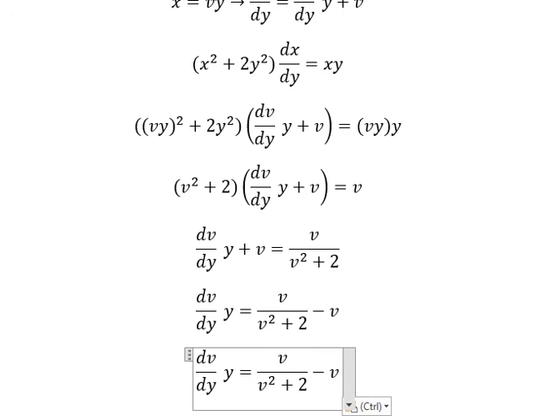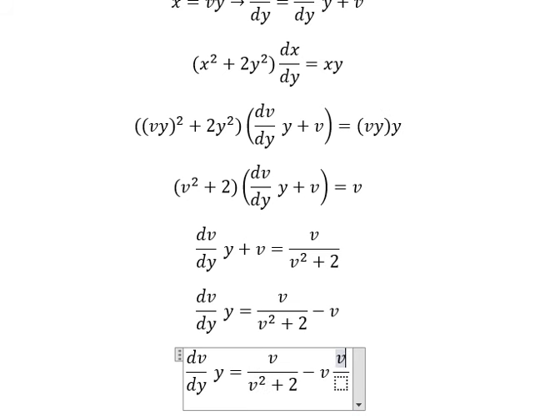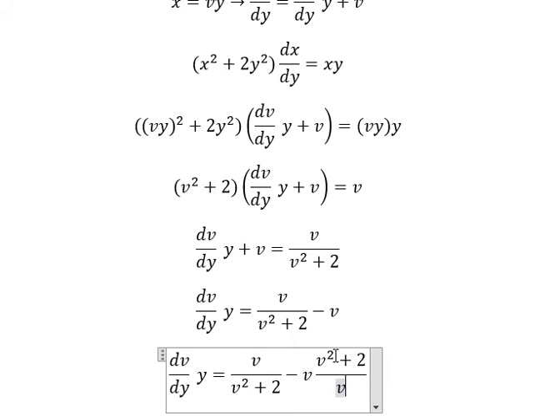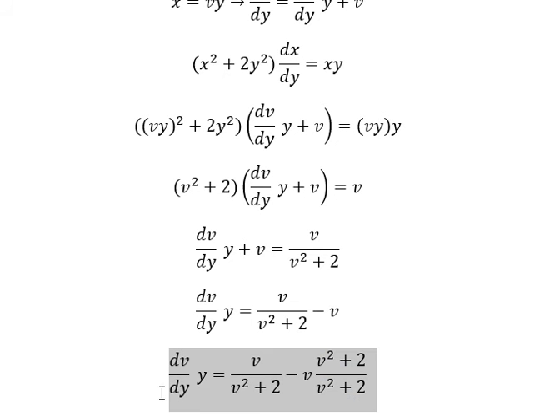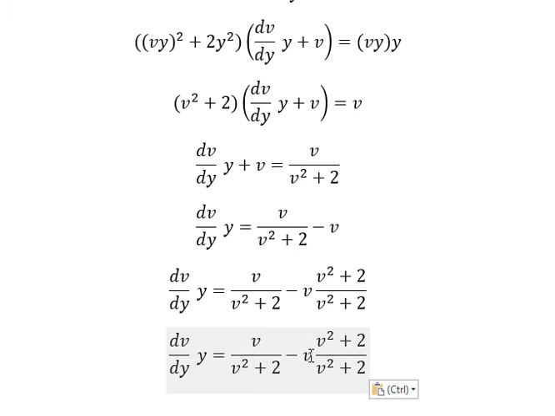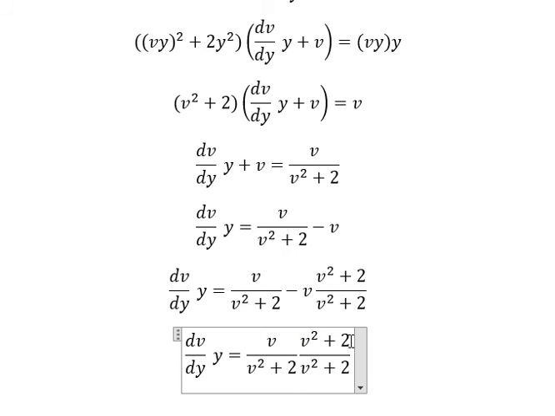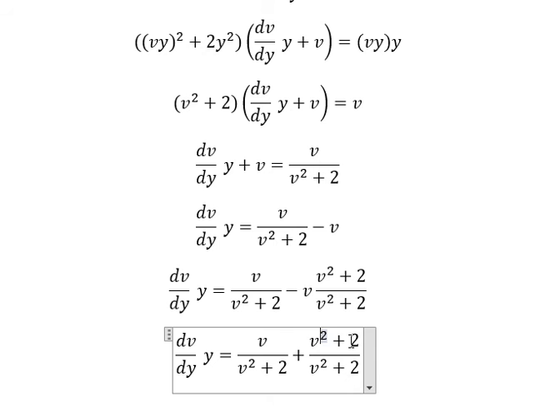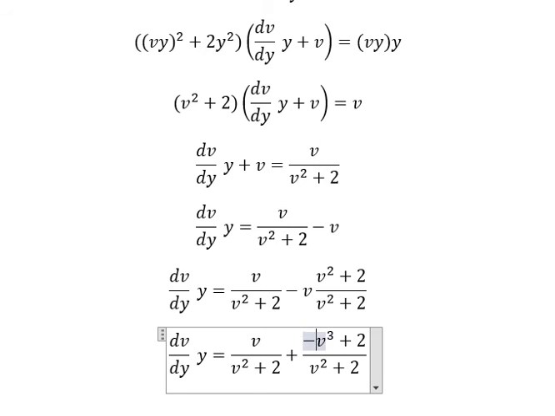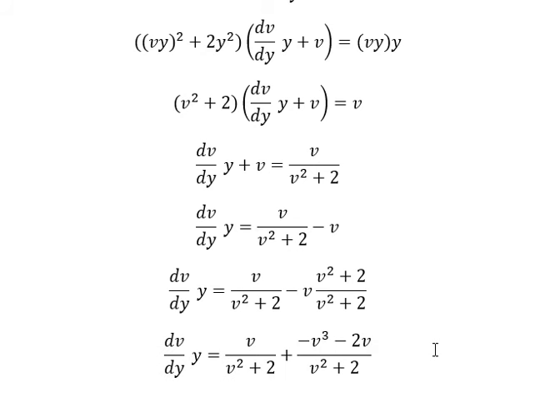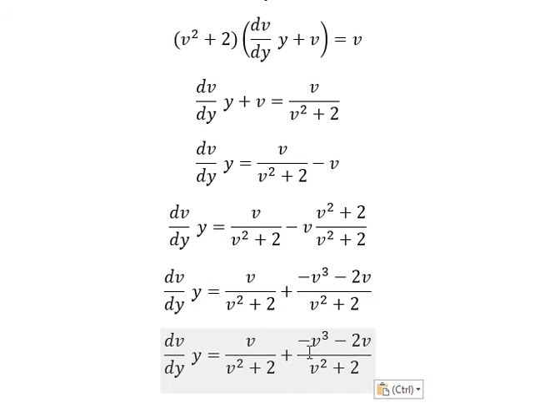Next, we do a common denominator, so we multiply by v squared plus 2 on numerator and denominator. So negative v goes in here and here. This one we combine.